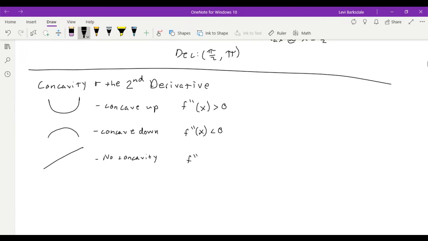And this occurs when our second derivative is equal to 0. An example of when we might see no concavity is a linear function, like 2x plus 3. Our first derivative is equal to 2, then our second derivative is just equal to 0, as the derivative of a constant.